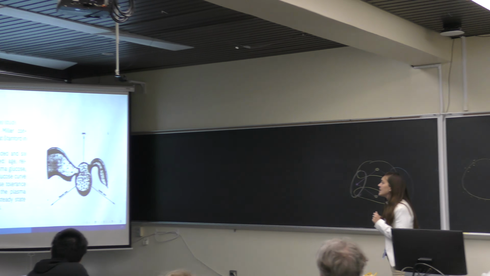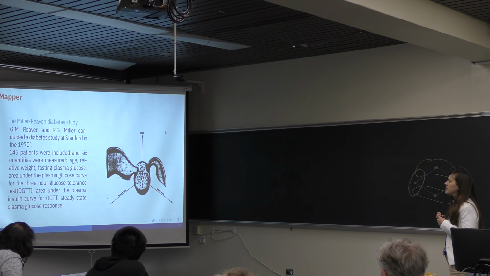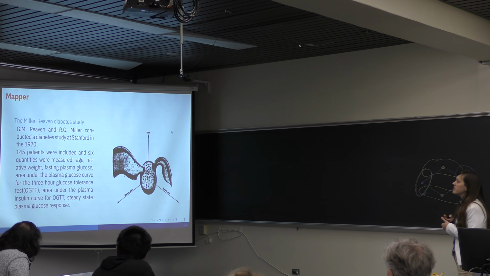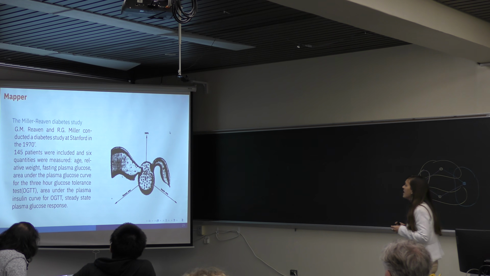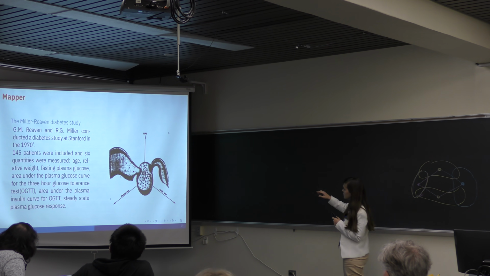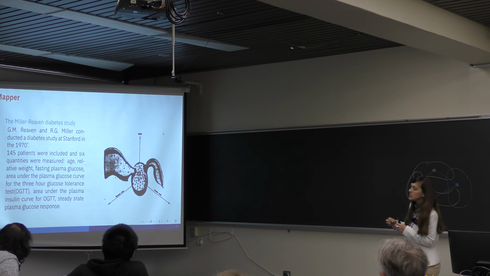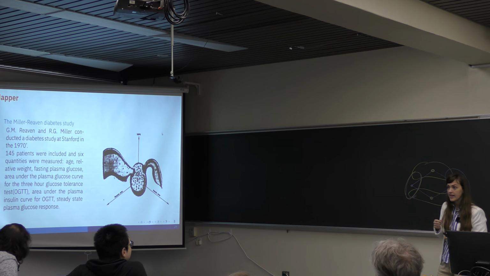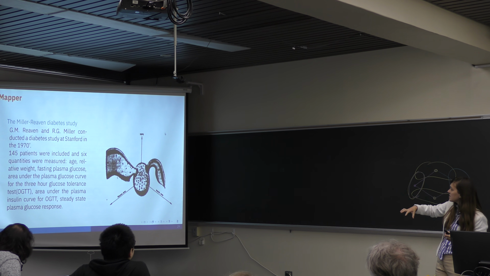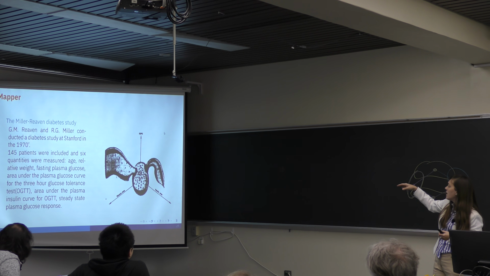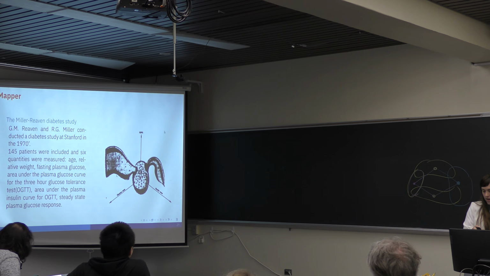In the 1970s already, there was a study at Stanford with 145 patients, and they measured, for example, age, relative weight, and glucose levels, etc. In that original paper, this is the picture that they drew, with a central region and again two flares sticking out. What they found was that these two flares represented the two forms of diabetes.